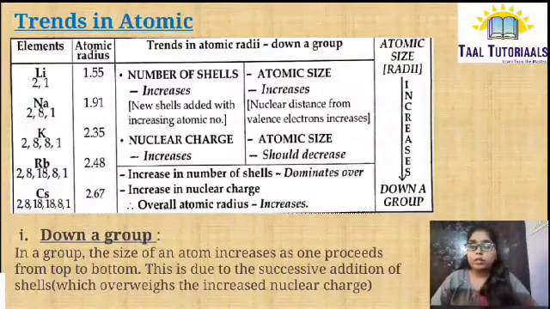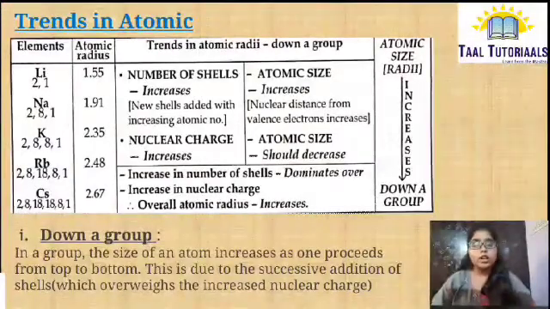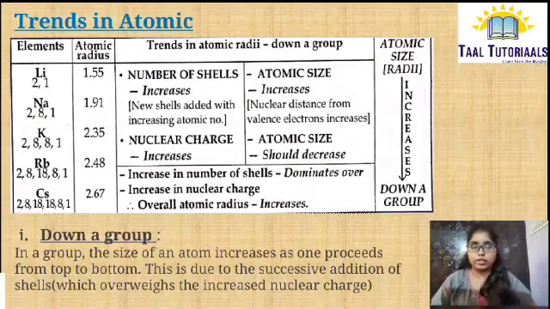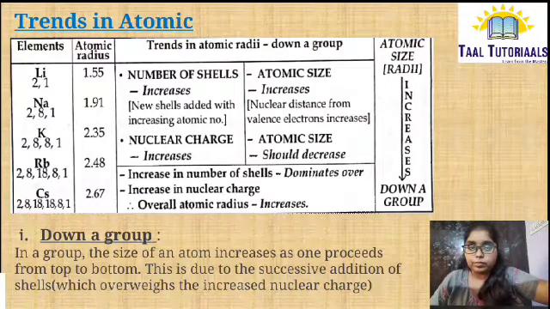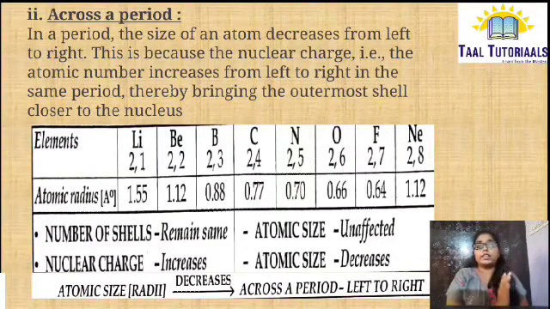In this table also you can see as the number of shells increases, atomic size increases, and as nuclear charge increases, atomic size decreases. Then across a period, the size of an atom decreases from left to right. Across a period means moving from left to right.